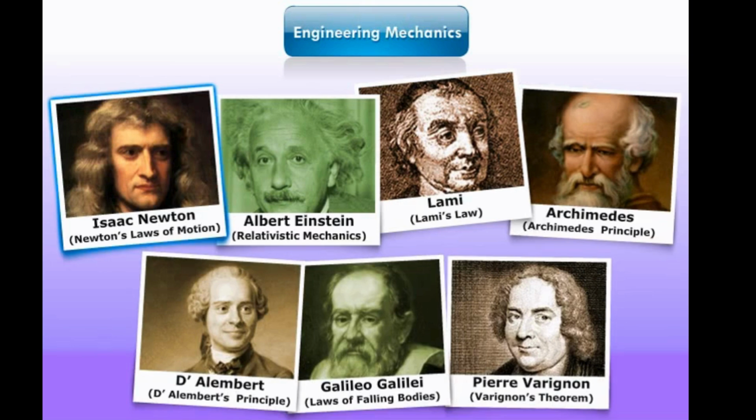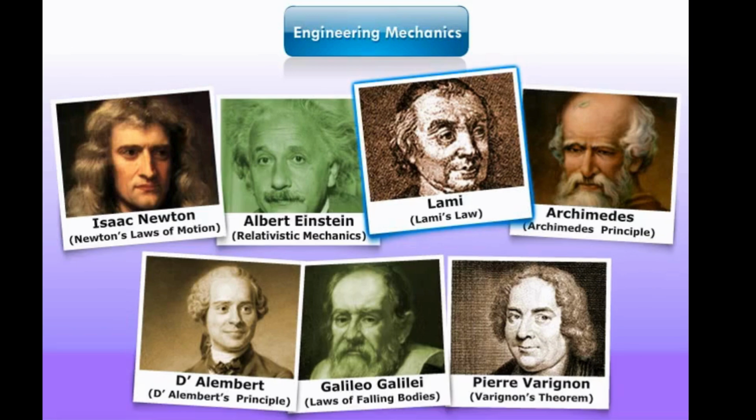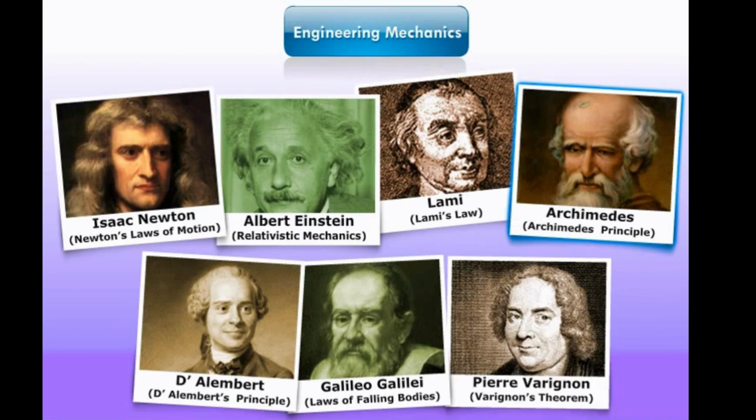Isaac Newton gave us the Newton's laws of motion. Albert Einstein came up with the theory of relativity. Lamy gave us the Lamy's theorem. Archimedes gave us the Archimedes principle or the law of buoyancy.